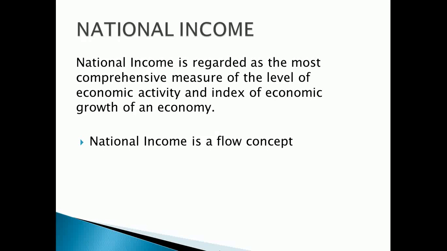Now, let's start with the two-sector economy. It is a model that consists of two sectors, which are households and firms. Households can be referred to as individuals or the public, and firms can be referred to as businesses or the productive sector.